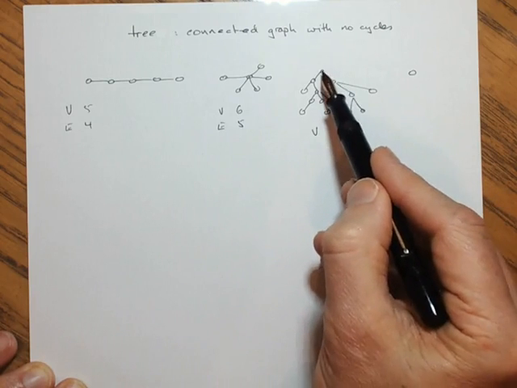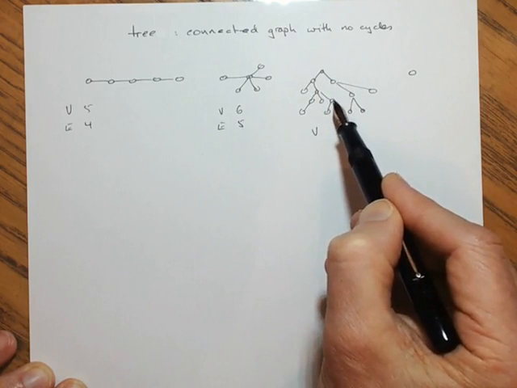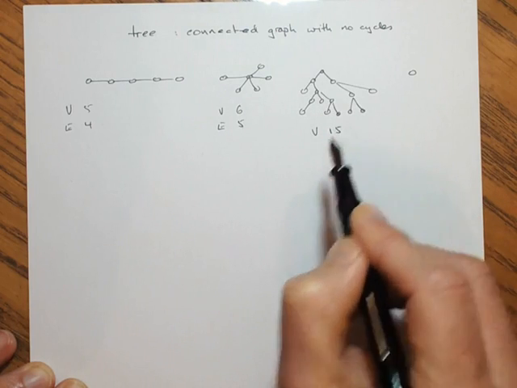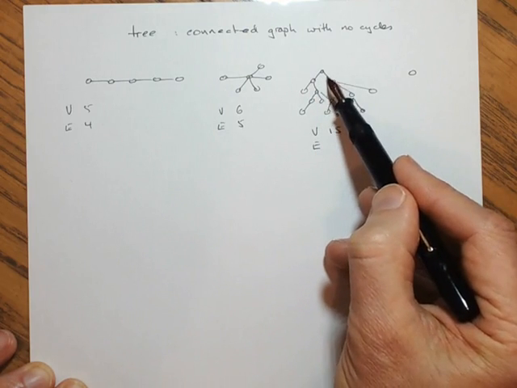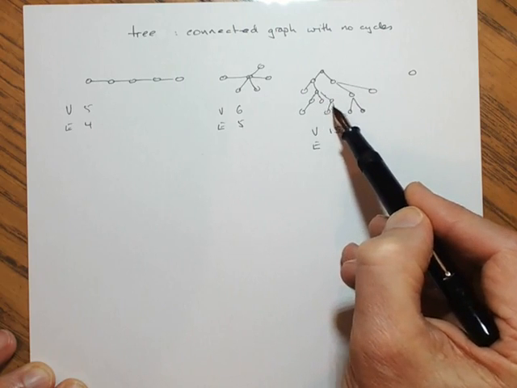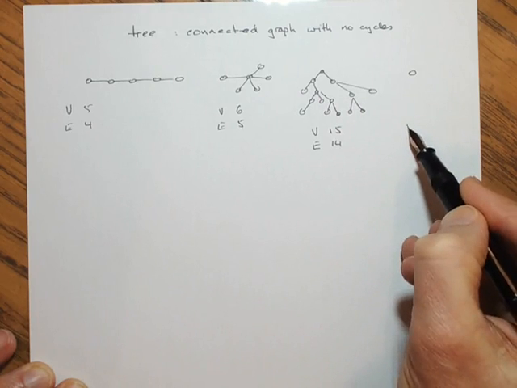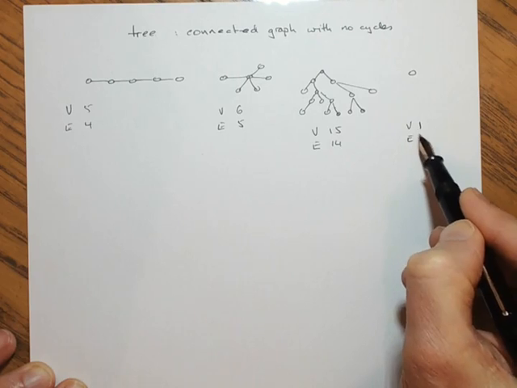A bit harder to count. 1, 2, 3, 4, 5, 6, 7, 8, 9, 10, 11, 12, 13, 14, 15. 15 if I've done it correctly. How many edges? 14 edges. Here, only one vertex by itself, so one vertex, and how many edges?